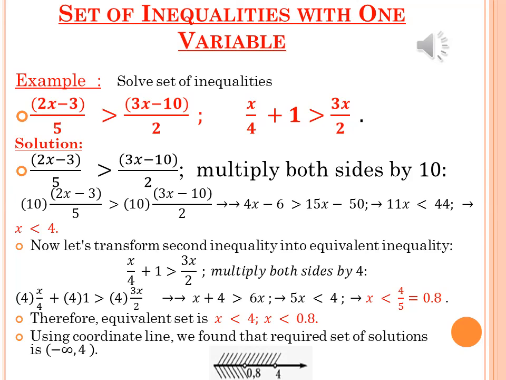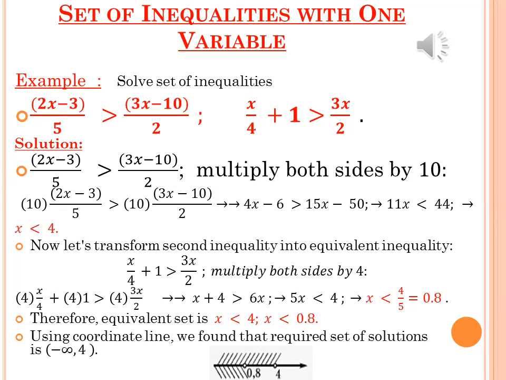So, first inequality, 2x minus 3 over 5 greater than 3x minus 10 over 2. We have denominators 5 and 2. How to get rid of these denominators to get a linear inequality? 5 times 2 is 10. So multiply both sides by 10. So 10 times 2x minus 3 over 5 greater than 10 multiplied by 3x minus 10 over 2.